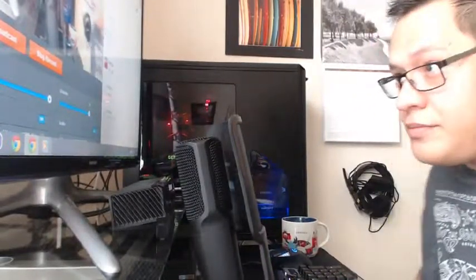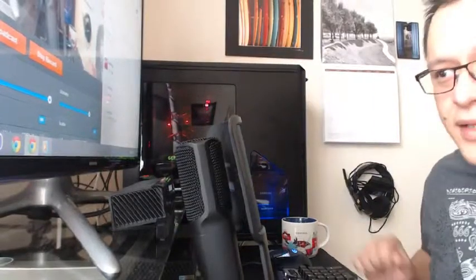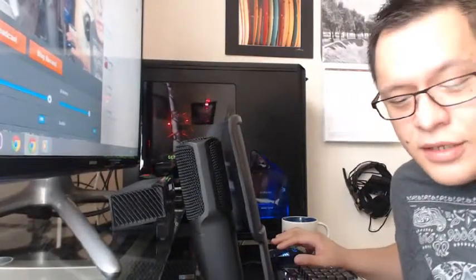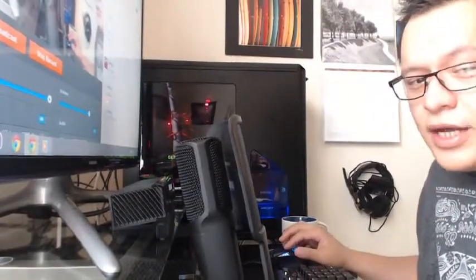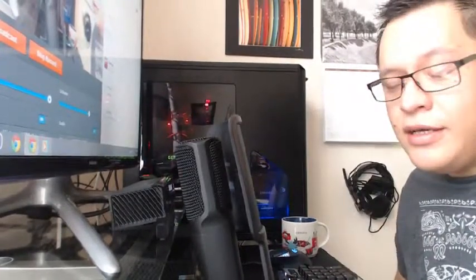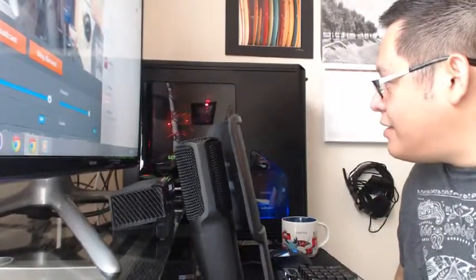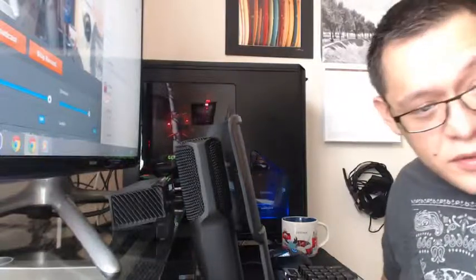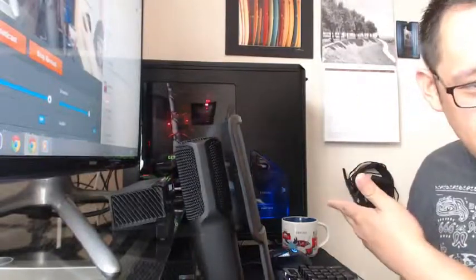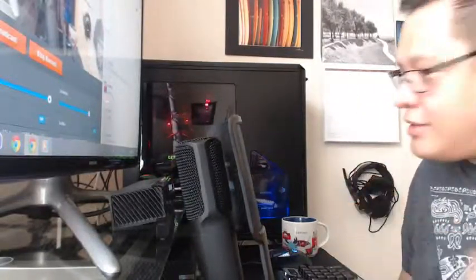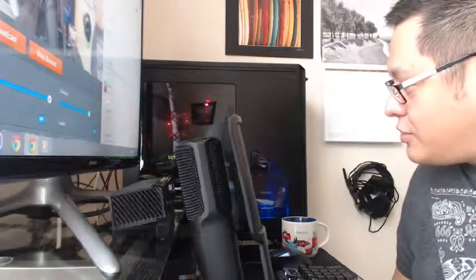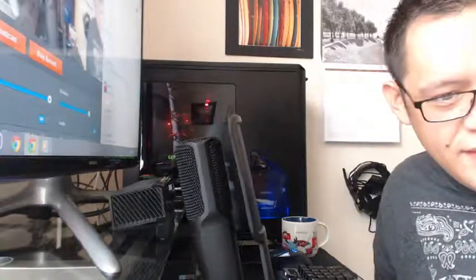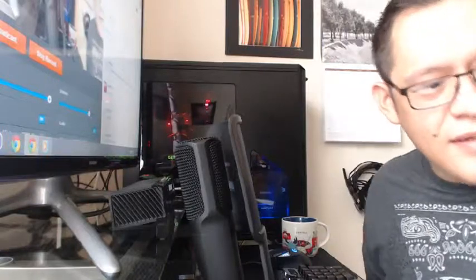Hindi ko alam kung paano ko mapapakita sa inyo, but today we're gonna discuss computer chassis. That will be the topic of the day. Kung gusto niyo makita yung system ko, how I built it, and how it's actually structured inside, let me know in the comment.